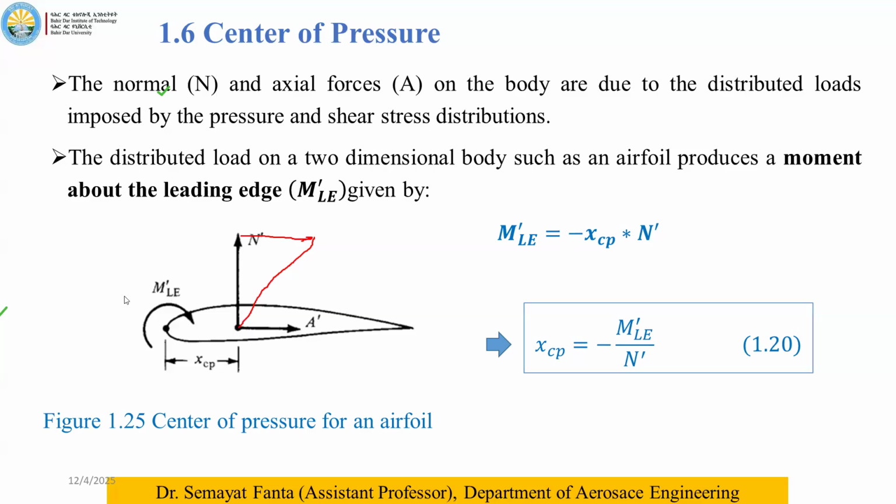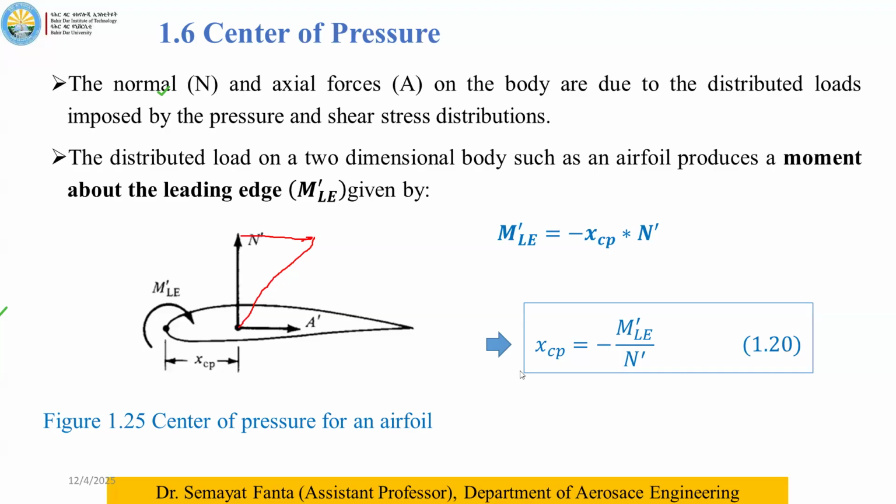So the first one is a nose pitching up moment. But the normal force creates what kind of moment? Nose pitching down. Therefore, the moment about the leading edge is equal to minus XCP times the normal force. So the normal force creates a negative moment, and the leading edge moment is positive.